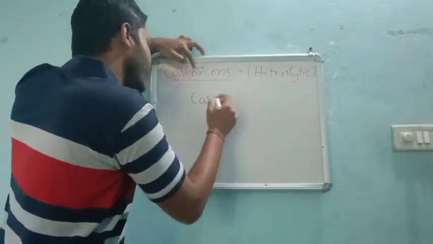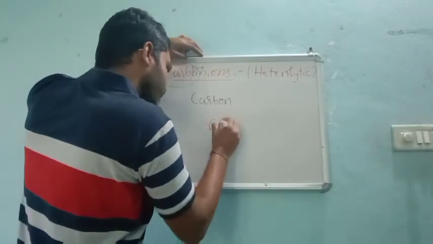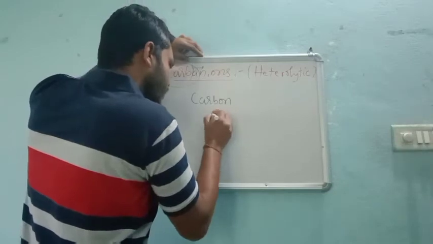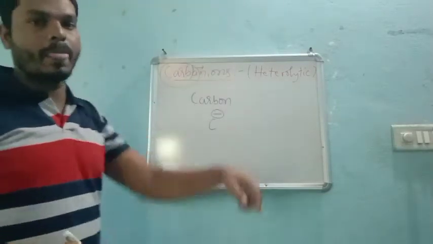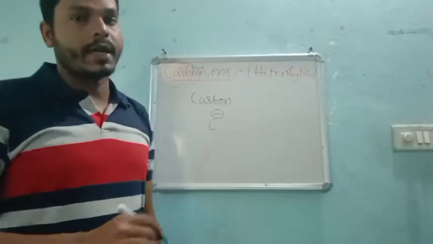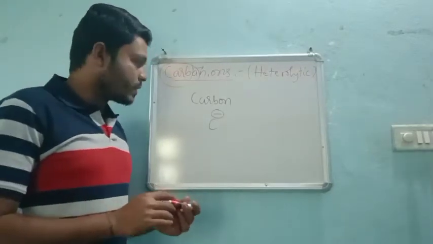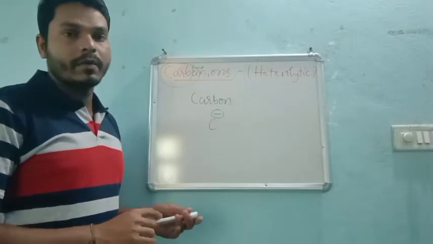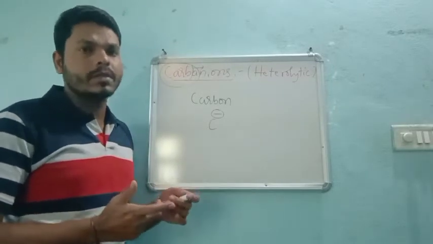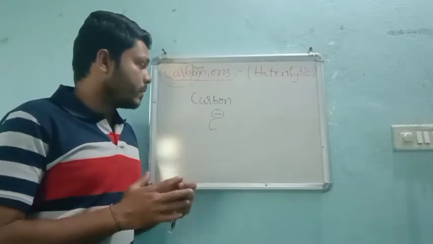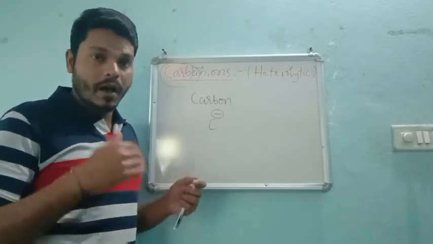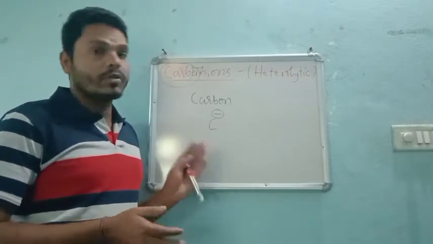Anion means negative charge. There is a carbon, and on that carbon there is a negative charge. So now confusions will start. One type of confusion is how carbon can get both charges. This is very important, and in organic chemistry, it is possible.